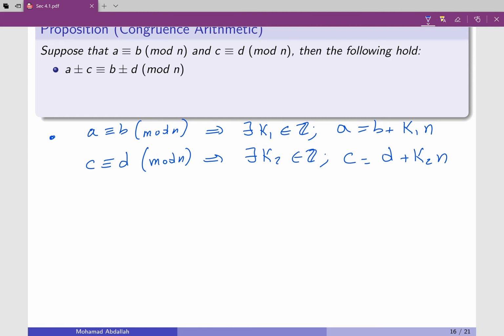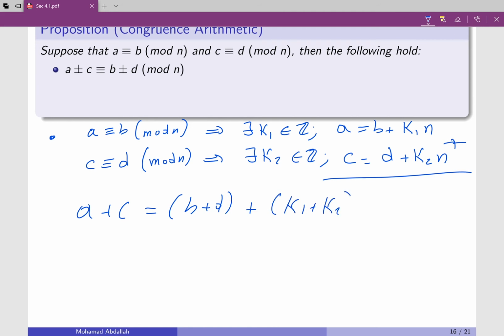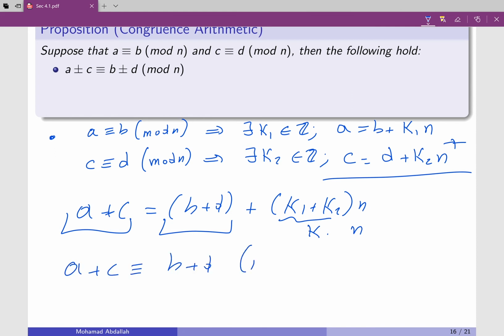Now let's take the sum of these two equations. This leads to A plus C equals B plus D plus (K1 plus K2) multiplied by n. So A plus C is B plus D plus some integer K multiplied by n. This is exactly what A plus C congruent to B plus D means, of course, modulo n.